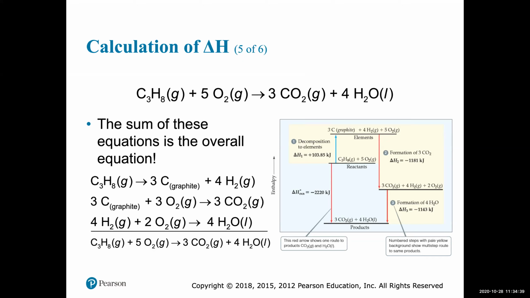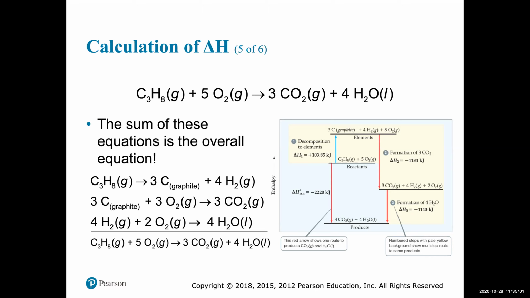If we sum up these three reactions, we see that the H2s cancel because they're the same on the reactant side and the product side. We see that we can add the O2s. We have 5 O2s. We see the propane is fine. And then we look at the CO2s.